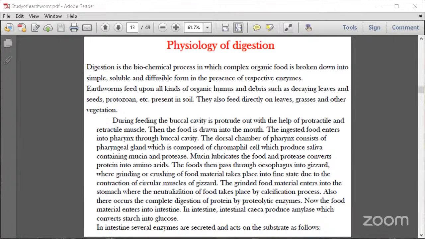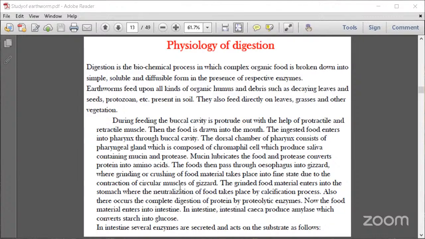Earthworms feed upon all kinds of organic humus and debris such as decaying leaves and seeds, protozoans and different things present in the soil that can be decayed by the earthworms. They also feed directly on leaves, grasses and other vegetation.